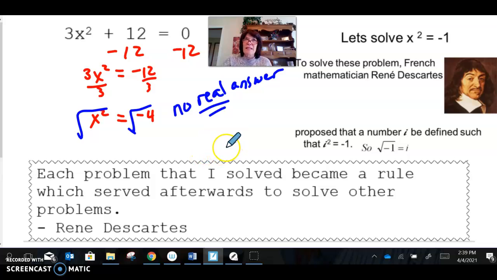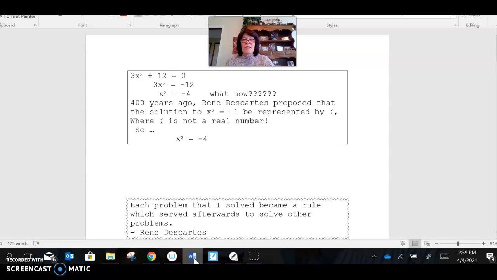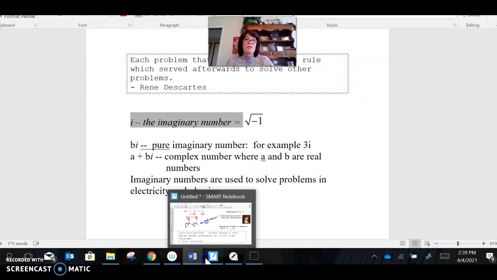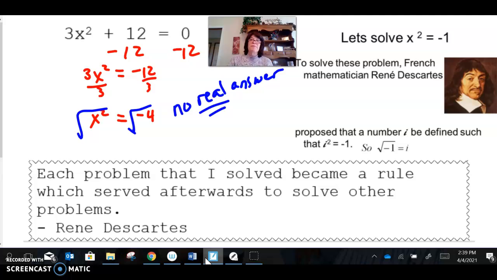And that might seem silly, but there are areas that use imaginary numbers where you work with the imaginary number and that brings you back to the real number system. Electricity, they use imaginary number in electricity. They also use it in physics. Okay, there are other places where we do use the imaginary number.